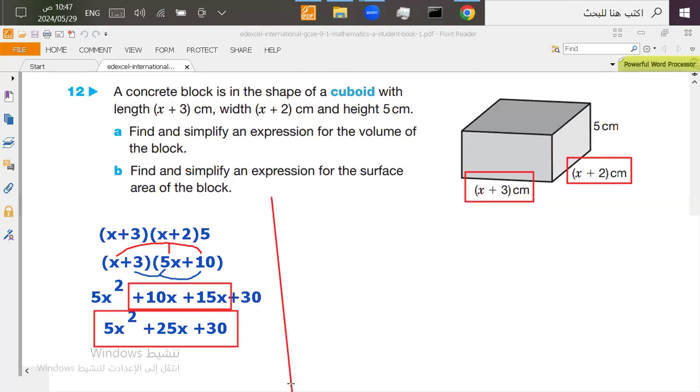I'll do it in one step, using the whole space. So first two, I'm going to use the x plus 3 and this one.